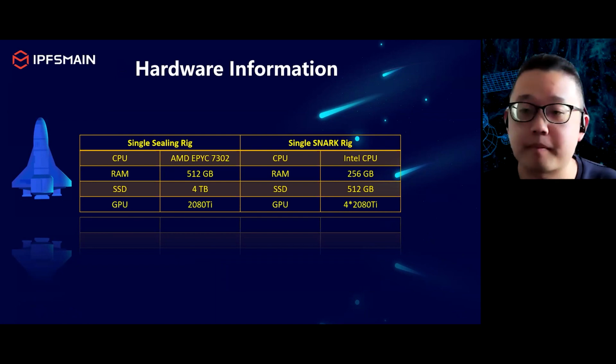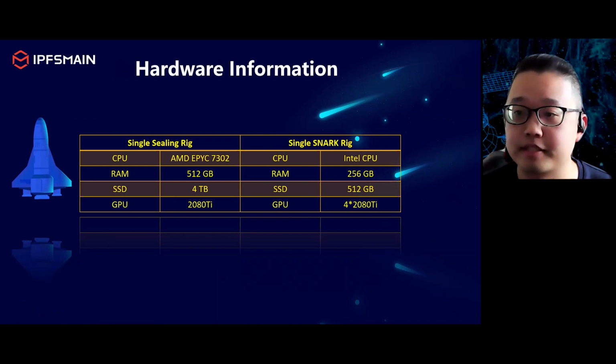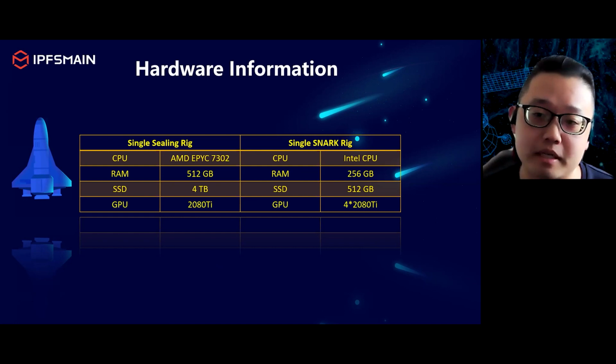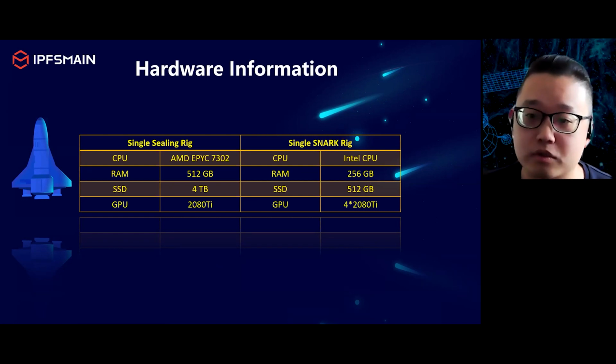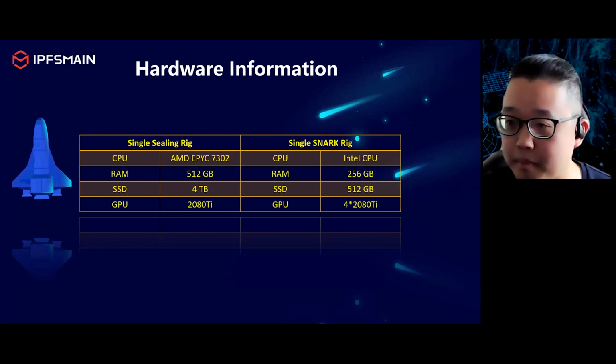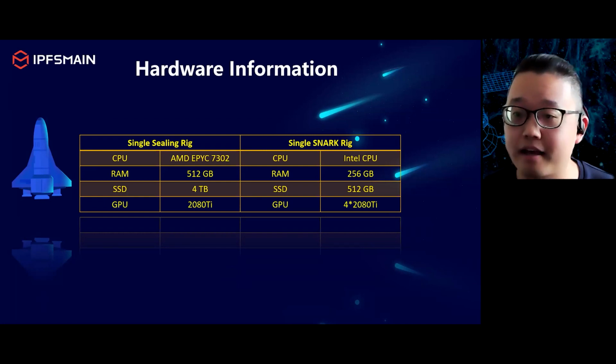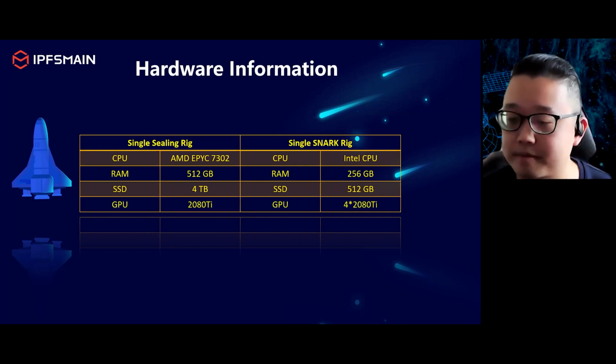Hardware information, just like I presented in the miner show and tell. I believe designing a good Filecoin mining solution is like building a wooden bucket. No matter how high a bucket is, the capacity of the bucket depends on the shortest plank.